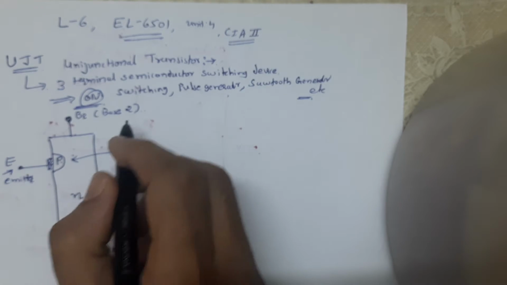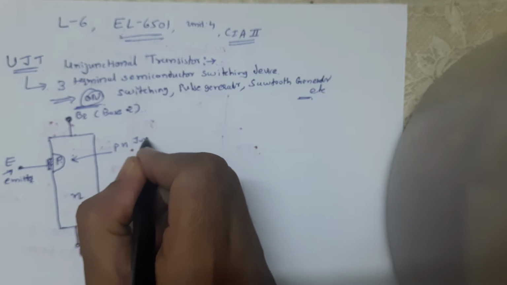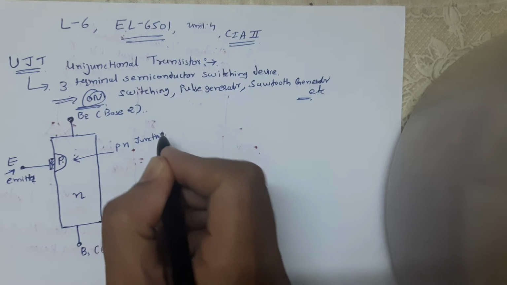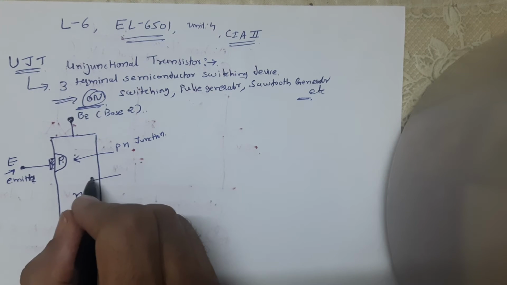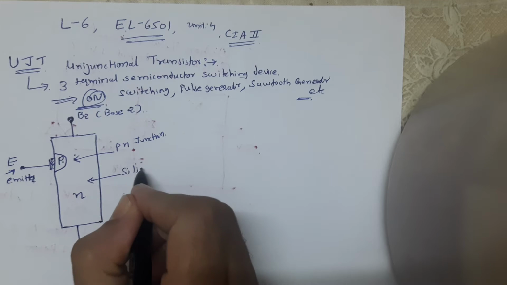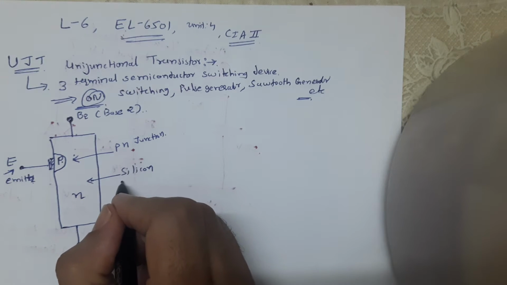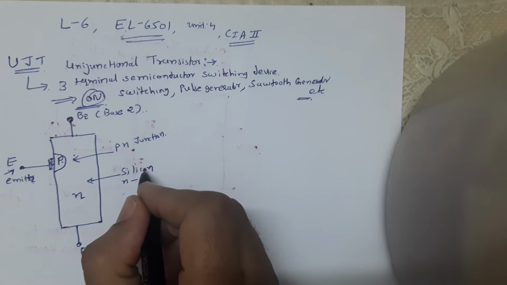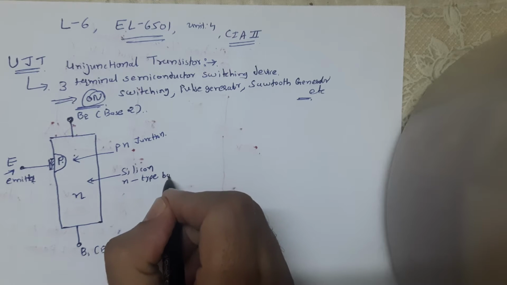So this is our PN junction. This bar is your silicon, and in between this silicon there is N-type material. So it is known as silicon N-type bar.